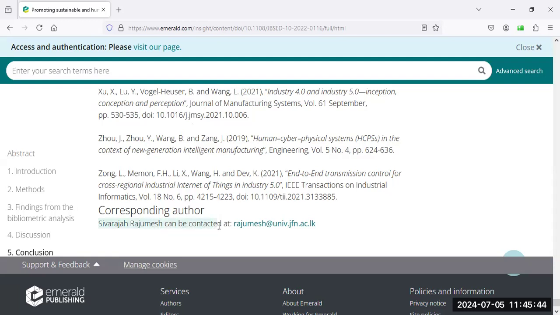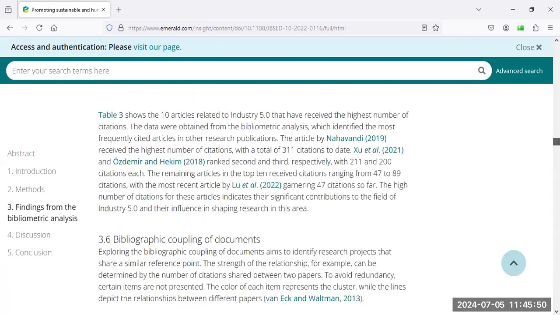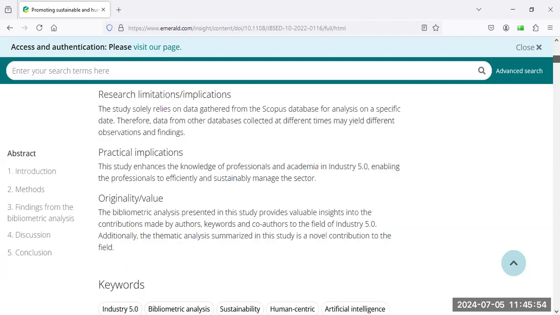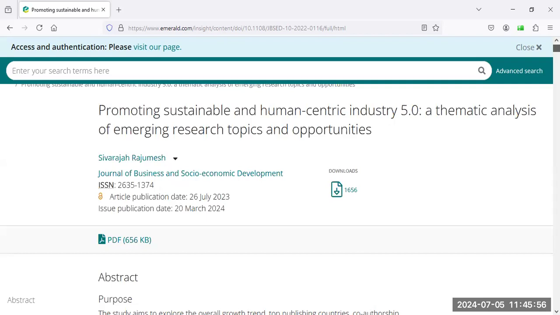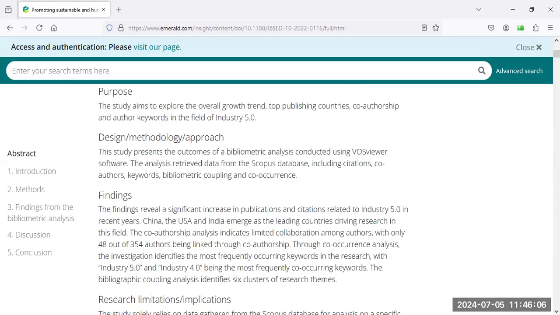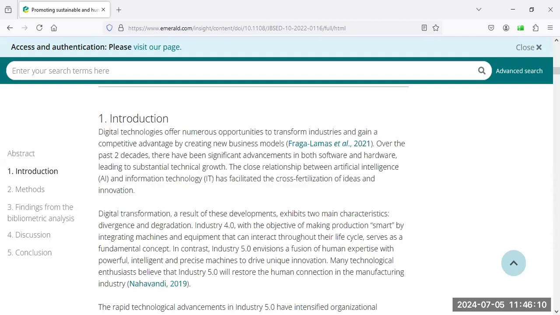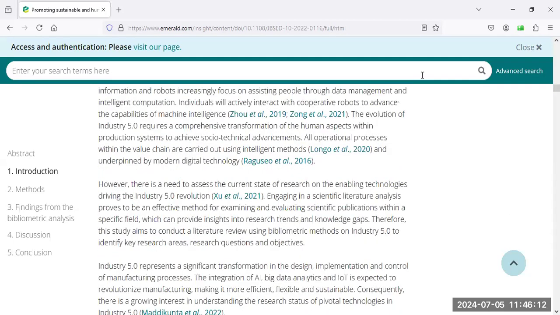If you want, you can check it. Swaraja Rajamis, they are from the Department of Marketing, right? You can even download it, and you can get the idea of how the citation is used. Okay, thank you.